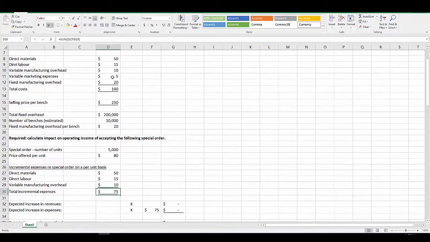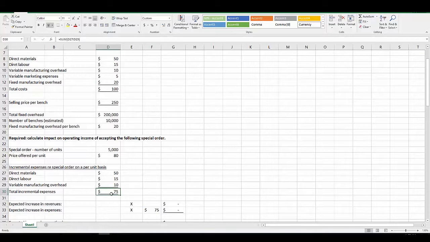Similarly, the variable marketing expenses are not impacted because we're told in this problem that no additional marketing is required, and that makes sense because it's a special order. You're not having to market it. The customer is coming to you with an offer to purchase a block of units of 5,000.